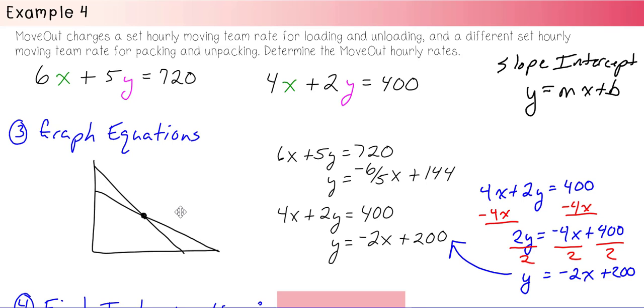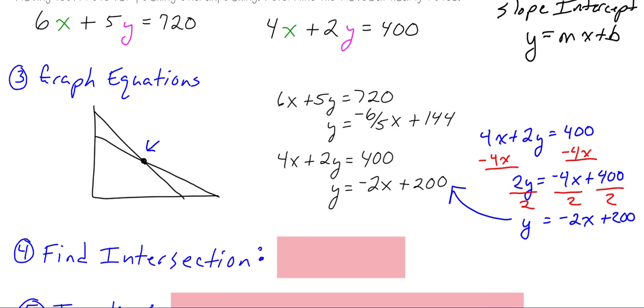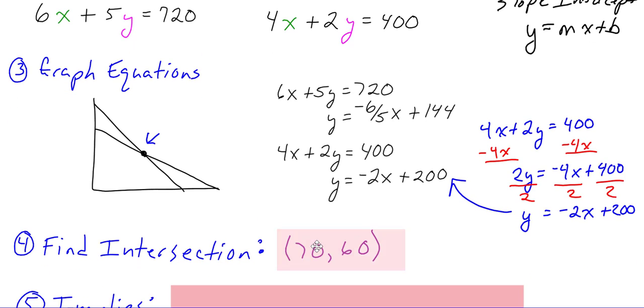And to find out what our rates are, we would look at where they have the point of intersection. And the point of intersection on here ends up being (70, 60). Now remember, the x and the y are going to be the rates for each of the things.